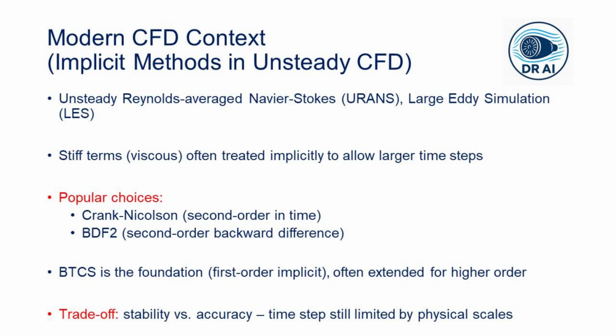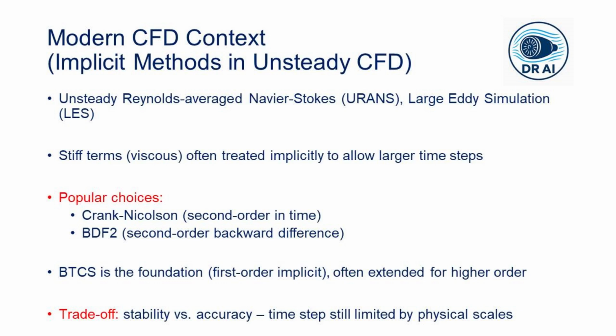BTCS, which is the backward in time centered in space scheme, is an implicit finite difference scheme where the spatial derivatives are evaluated at the new time level. For the linear diffusion equation, this leads to a tridiagonal system that can be solved efficiently with the Thomas algorithm.